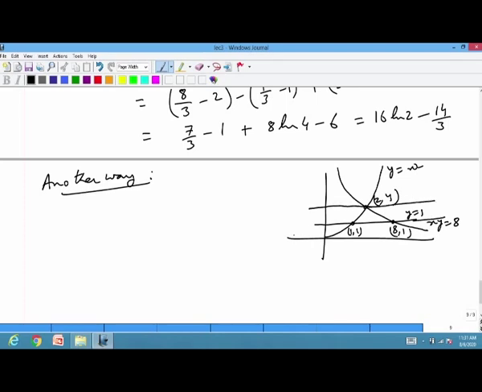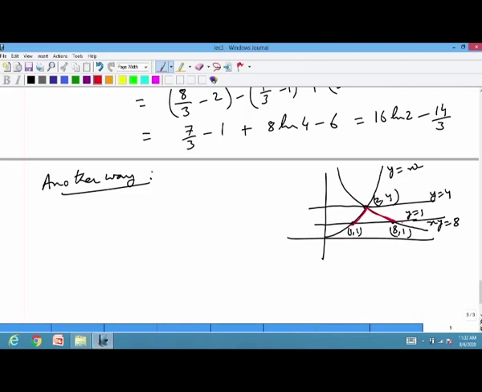these two lines y equal to 1 and y equal to 4, and the left curve here is y equal to x square and the right curve is y equal to 8 by x.